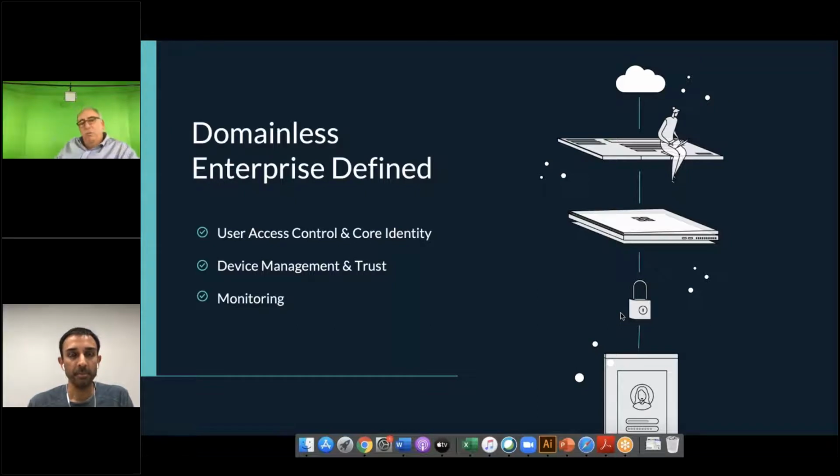So we're going to define the domainless enterprise here, right? And what are the things it really hits on? Raj, I think you mentioned some of these, but let's crystallize it for our audience. And again, I remind our audience, any questions, please use the question section of the control panel, and we'll try to help you out here. But what we're talking about is user access control and core identity, right?